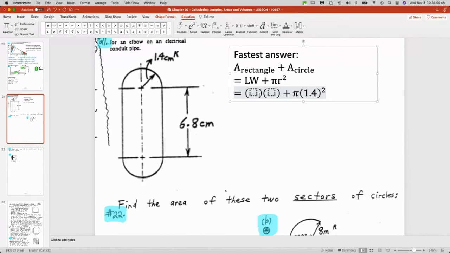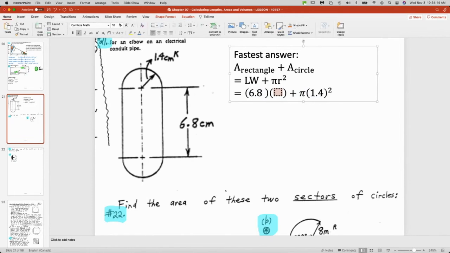But you're going to tell me in the chat, what is the width of the rectangle? Because this one's the weird one. What is that number? What is the width of the rectangle?